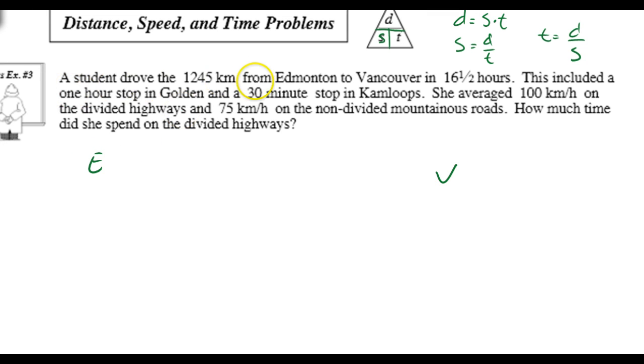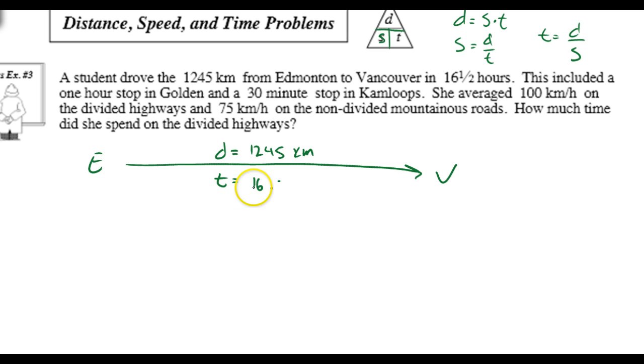The student drove from Edmonton to Vancouver, and the distance was D equals 1245 kilometers, and it took 16 and a half hours, so time equals 16.5.